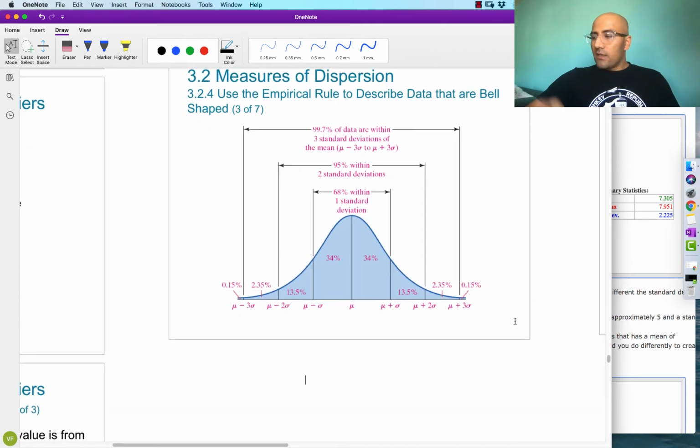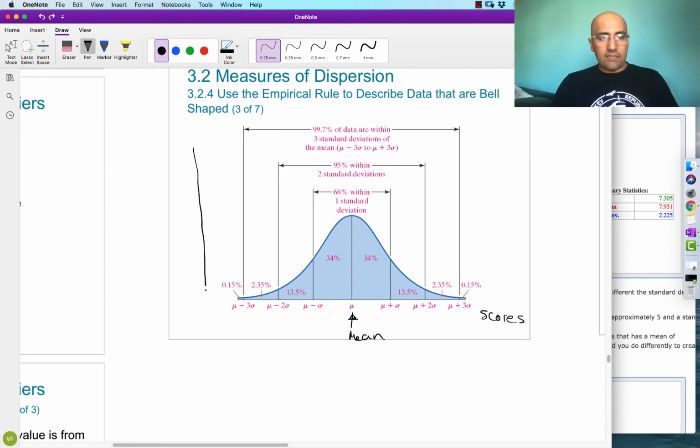The horizontal axis, in my little scenario, would be scores, and the distribution is centered at the mean. And remember that the height here could be thought of as frequency. So the vertical axis is frequency or relative frequency.